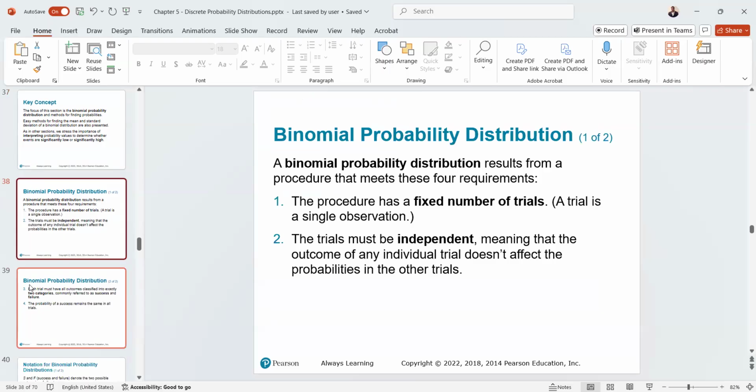Binomial probability distributions allow us to deal with circumstances in which the outcomes belong to two categories, like heads and tails, acceptable or defective, survived or died, success or failure. You don't have more than two choices.